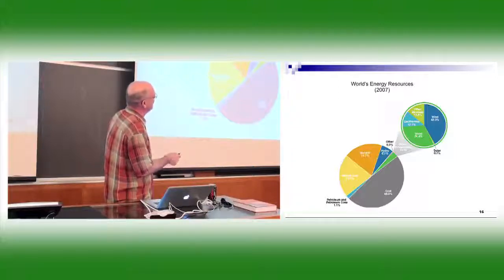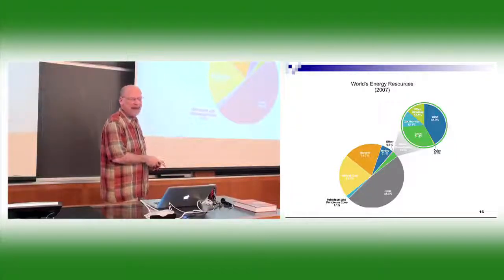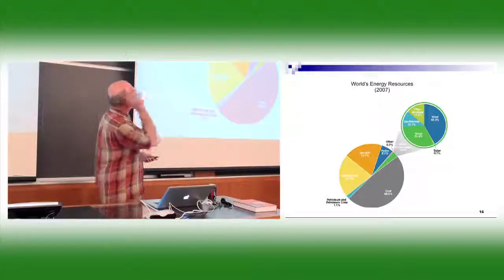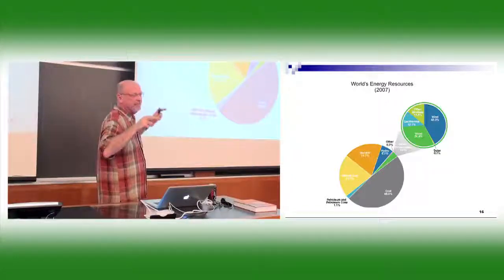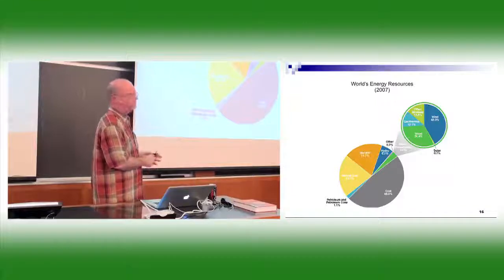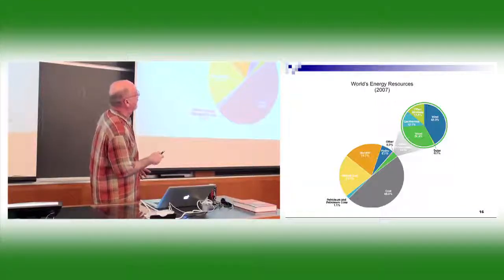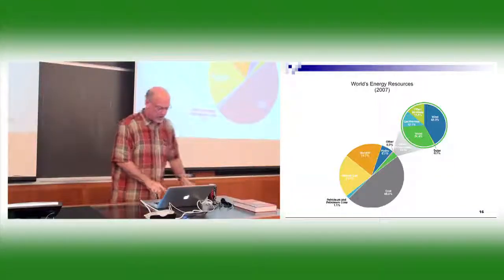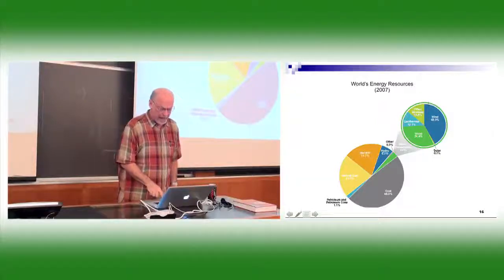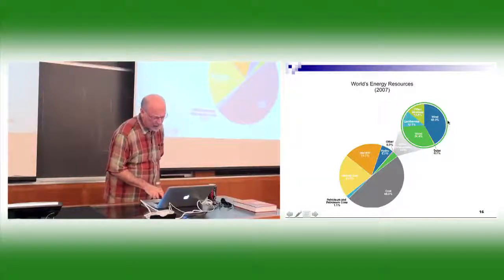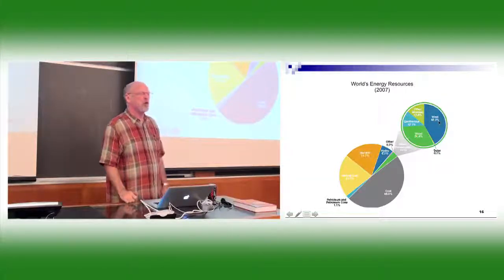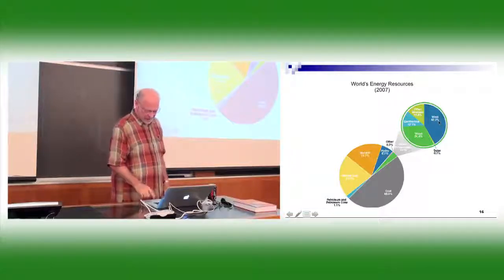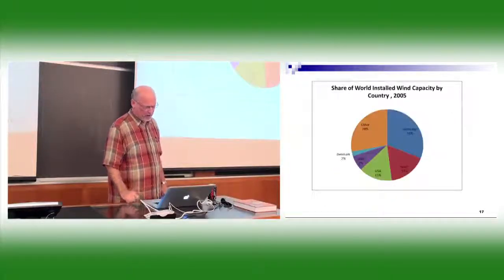Solar is a pretty tiny sliver, but could get huge, right? So that's why I said it's kind of hard to say what they call available resources. But it gives you a picture right now of wind. And wind is a pretty important player at this time, being about 42% of all renewables in terms of resources.